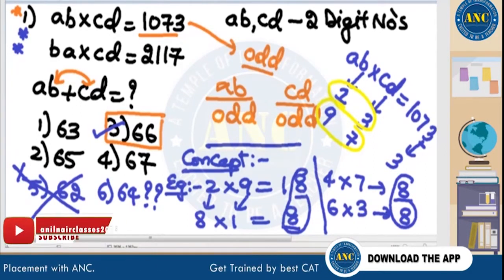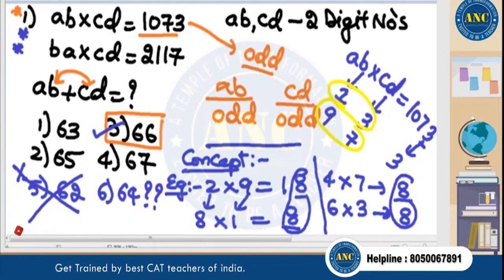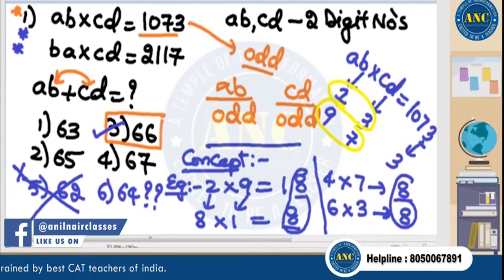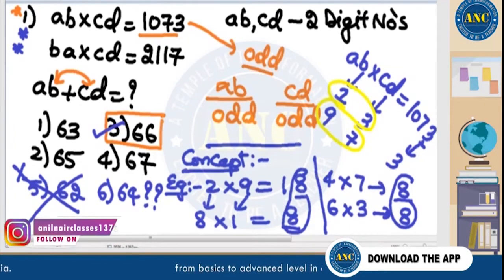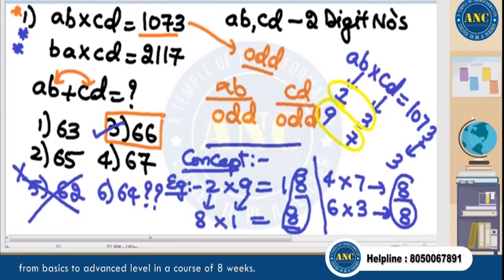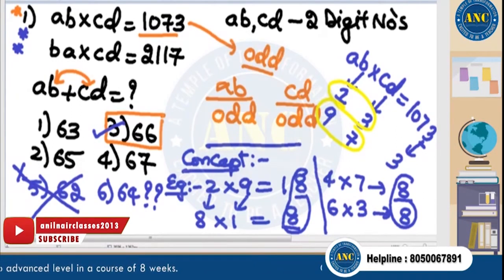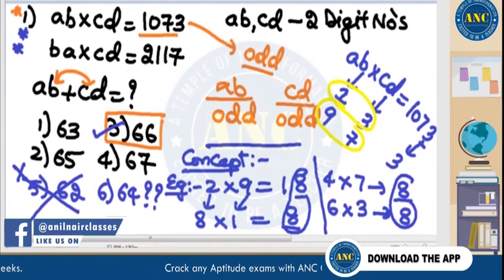To get the right hand side 3, unit digit is 1, unit digit is 3. 1 3s are 3, 1 plus 3 is 4. 9 plus 7 is 16. Unit digit should end with 6 or unit digit should end with 4.